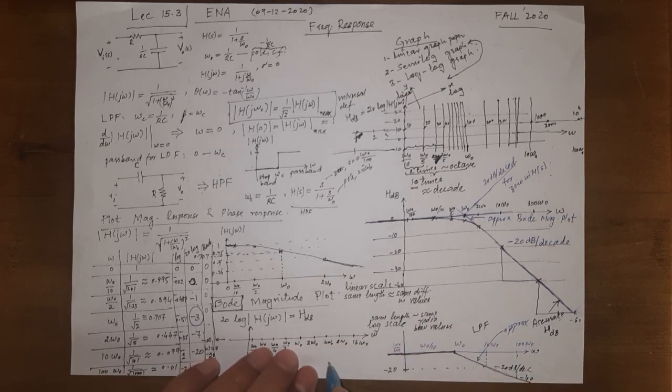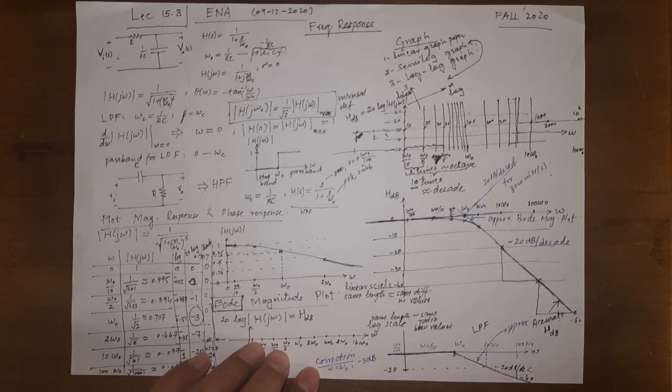So a correction proposed by Bode was that at omega equal to that critical frequency omega naught, if it is in the denominator, you put a correction of minus 3 dB. So draw the approximate one, and based on your scale, choose what is minus 3 on this scale and put a point here.